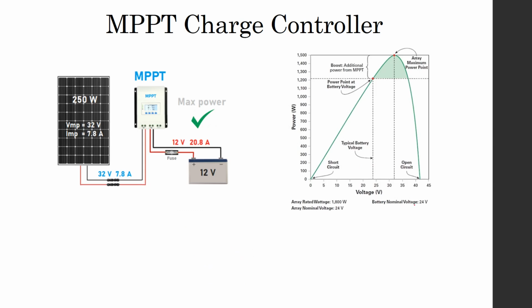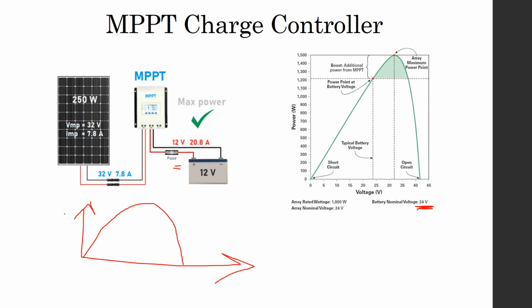To make it easier, we can just neglect this. This curve is at a nominal voltage of 24 volt, but this one is a battery of 12 volt. So what we can do is draw another curve like this for this maximum power point tracking system.